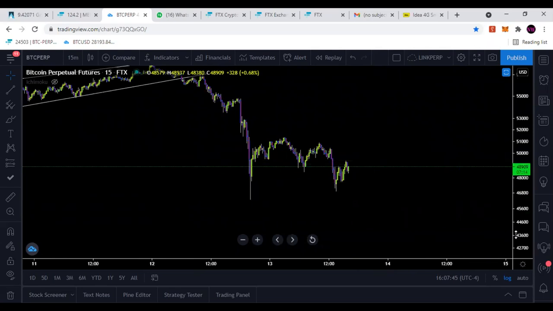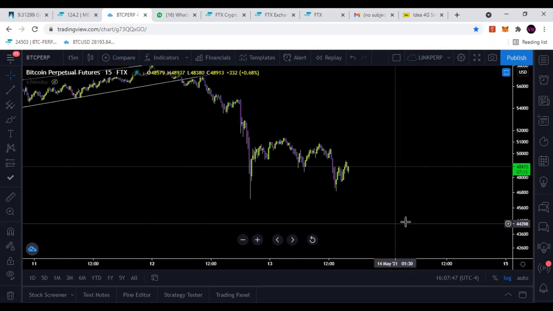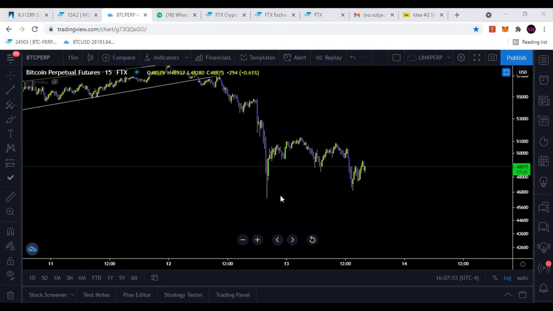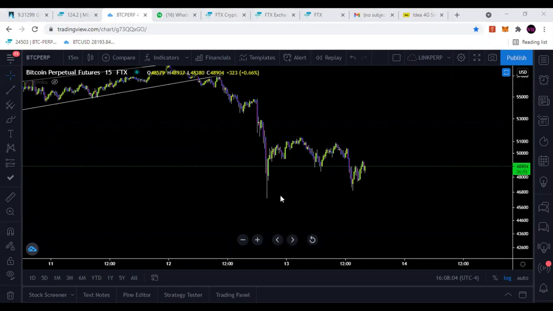Okay, so any other question again? How do you determine support and resistance level? Okay, I've talked about this. Like I said, you can use your Ichimoku to get that.